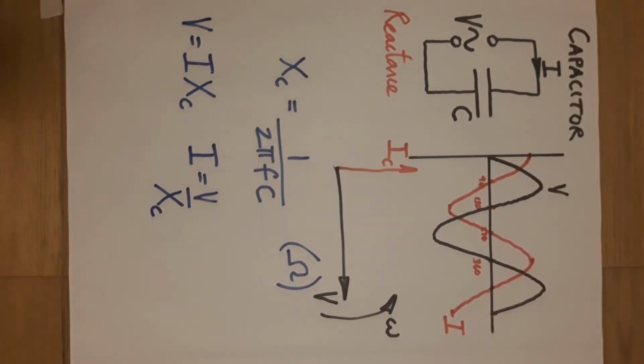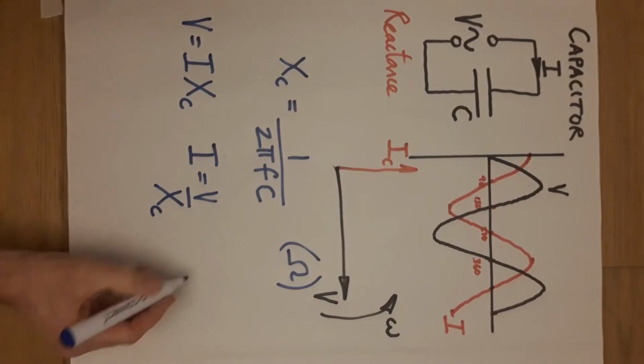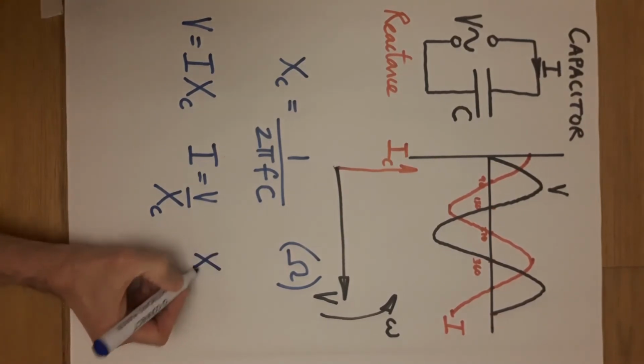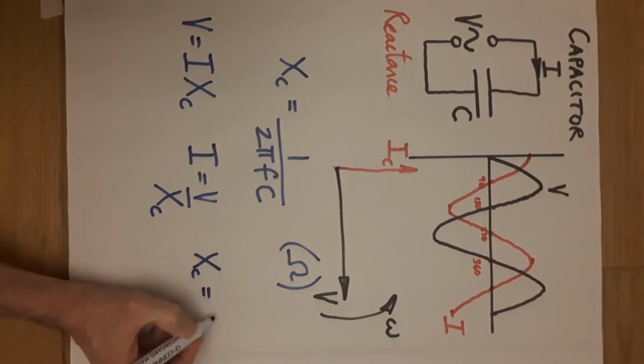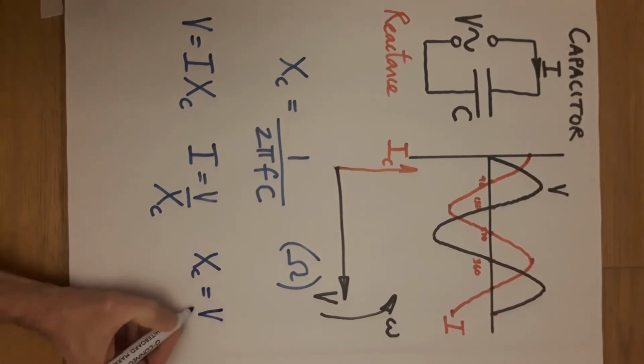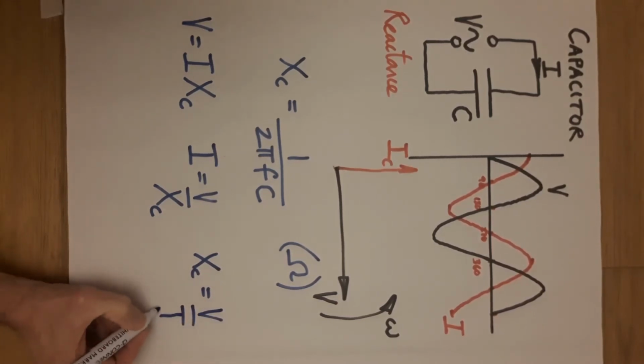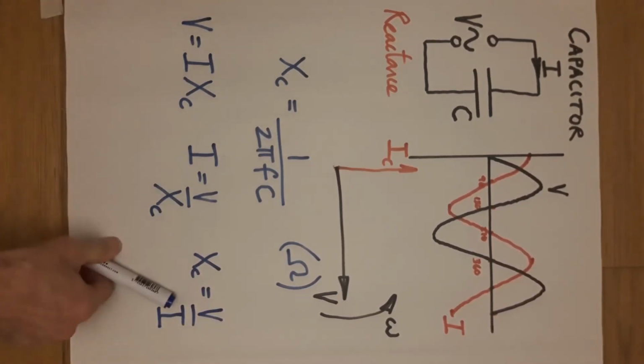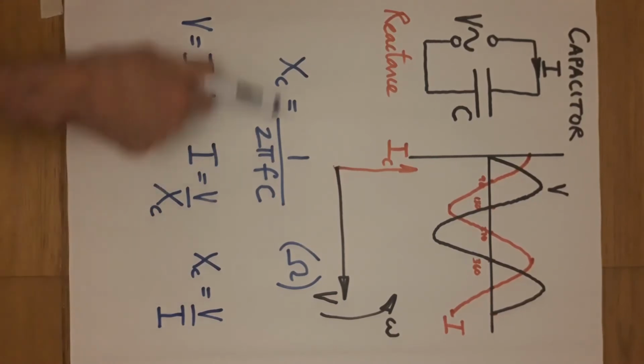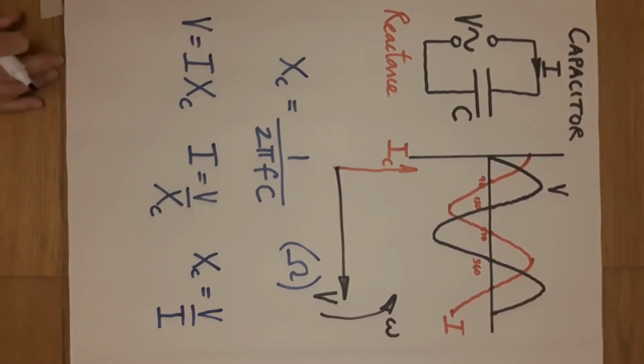And finally, R equals V over I. It's not R, it's XC equals V over I. So this is our variation on Ohm's law using XC to find the reactance of the capacitor. So let's do a very quick example.